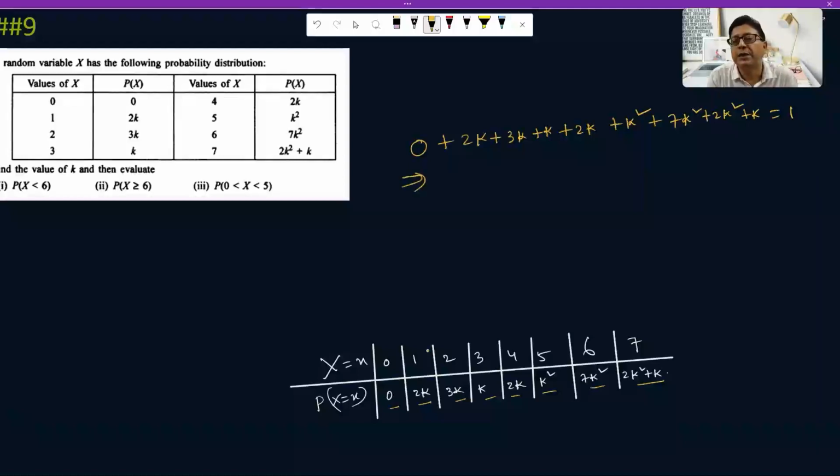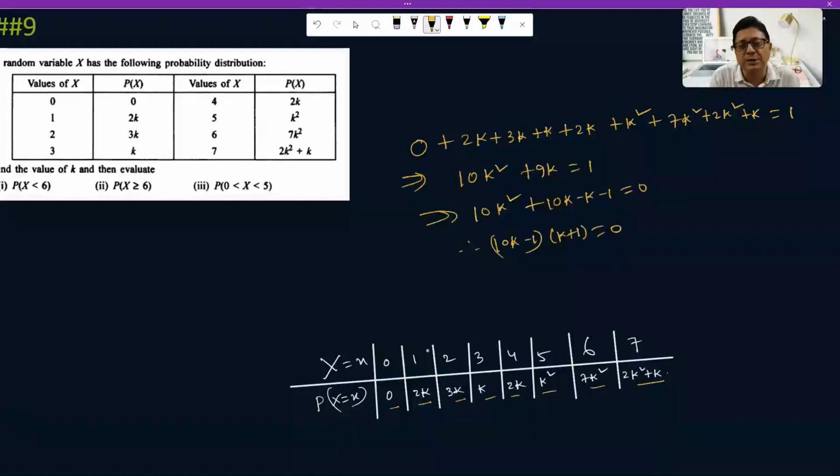So it is 10k square plus 9k equal to 1. This implies 10k square plus 9k minus 1 equals 0. So (10k minus 1)(k plus 1) equals 0. k equal to 1 by 10, k not equal to minus 1.